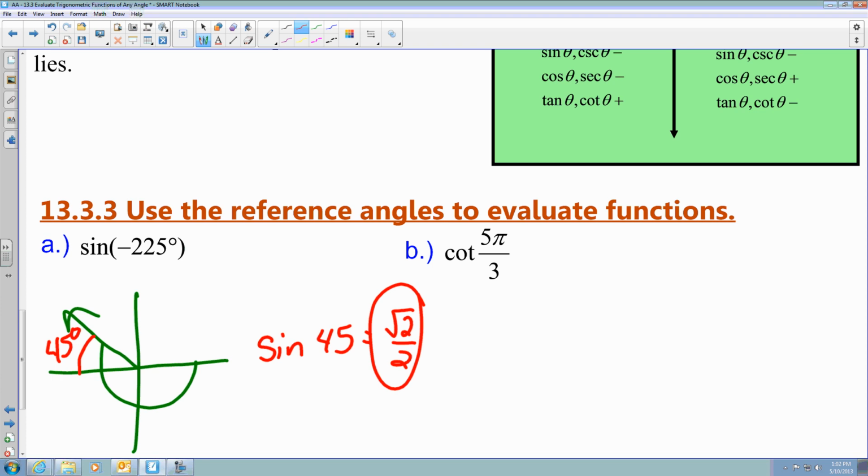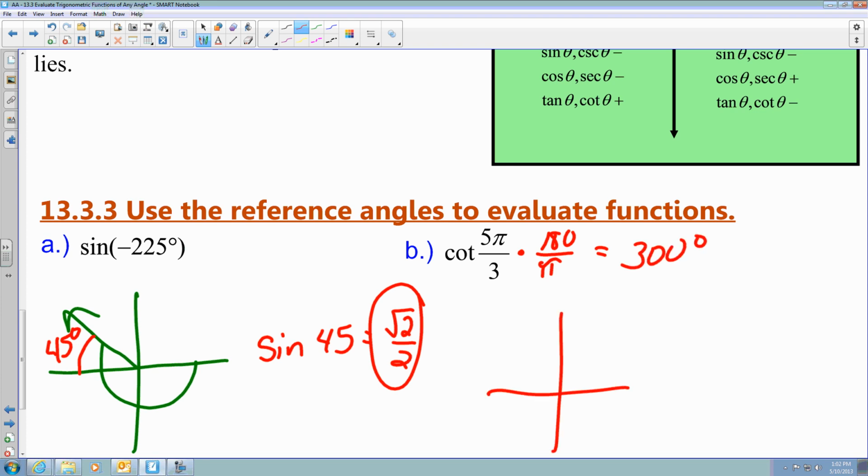The second one in B is the cotangent of 5 pi over 3. What I want to do is convert this to degrees because it's easier to reference with degrees. So 5 times 180, divided by 3, gives 300 degrees.